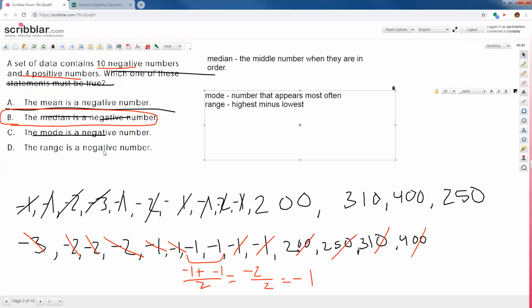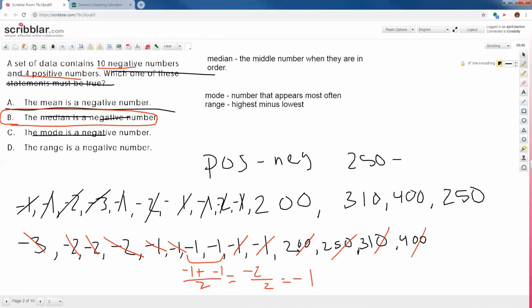And then range is actually always going to be positive. If you do positive number minus a negative number, you always end up with a positive. The numbers we have are 250 minus negative, oh, sorry, 250 was not the highest.